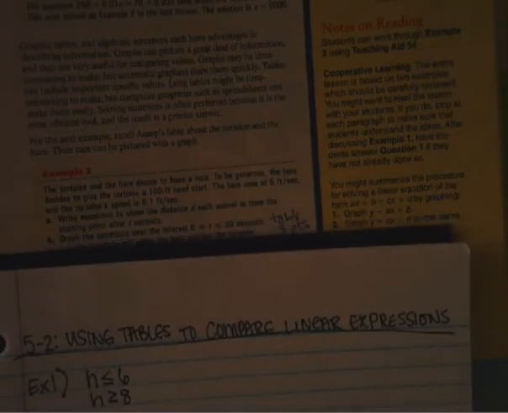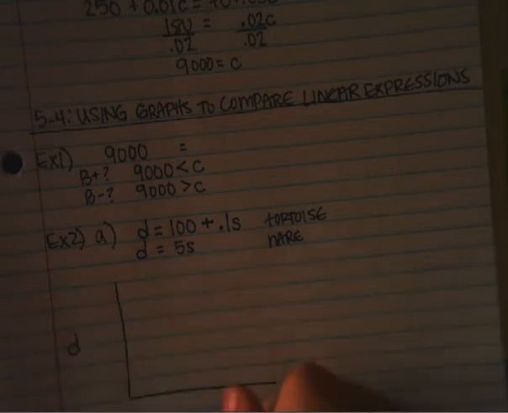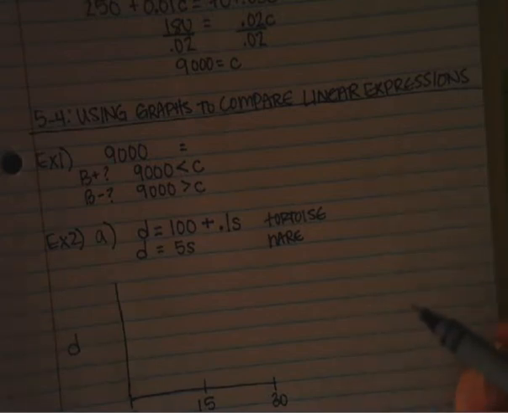Part B, graph equations over the interval 0 to 30 seconds. Okay? So this will be my distance, this will be my seconds. We wanted 0 to 30. So let's see, this would be 15. All right, and so let's just do the 3 points.